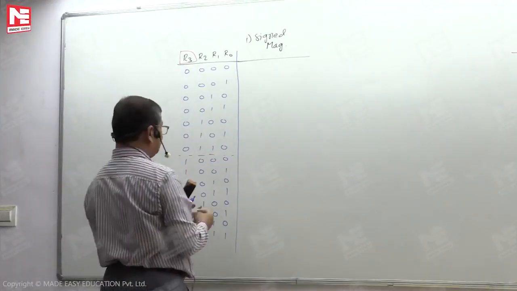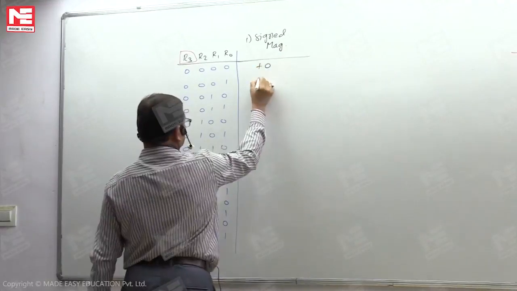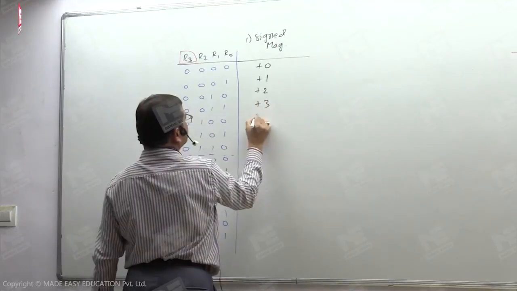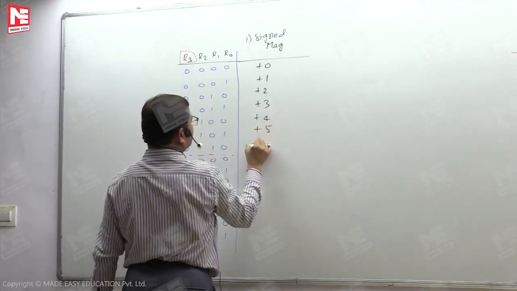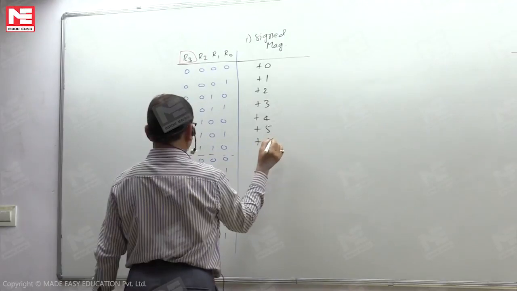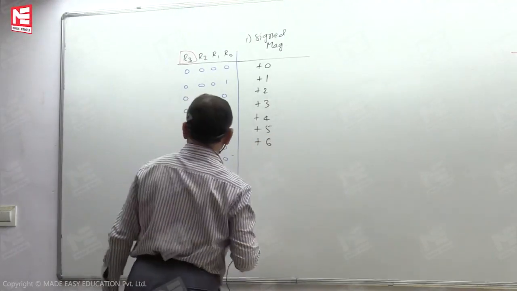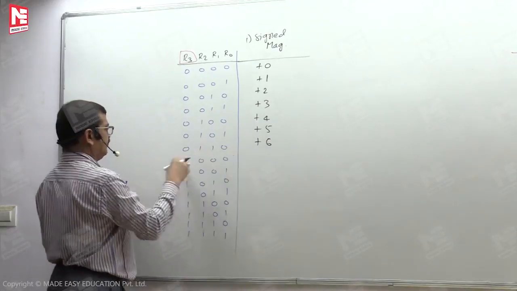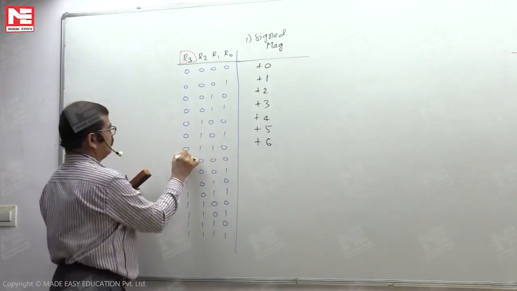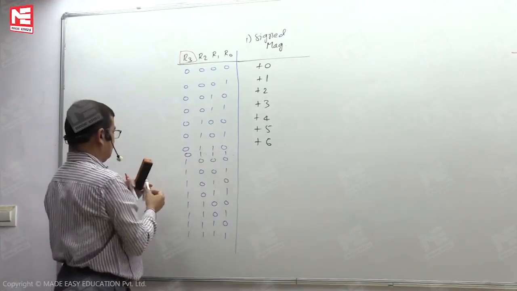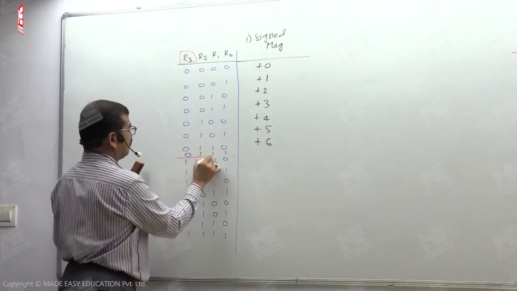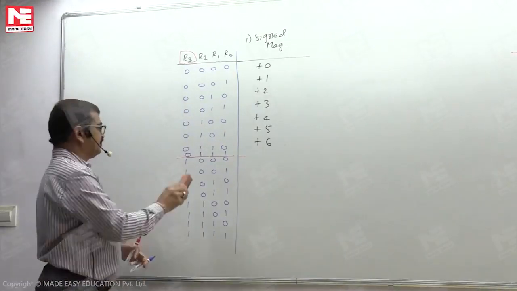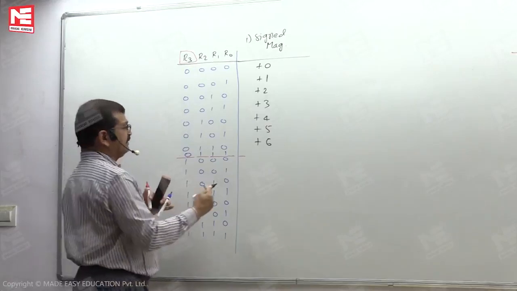Hence we have plus 0, plus 1, plus 2, plus 3, plus 4, plus 5, plus 6. I think one is missing here: 0, 1, 1, 1, so plus 7. For the first 8 combinations, the number is positive.